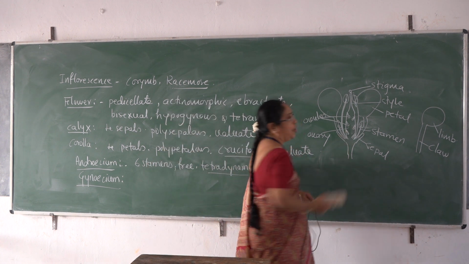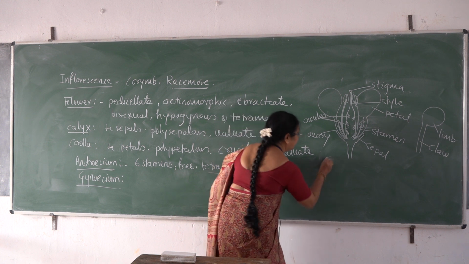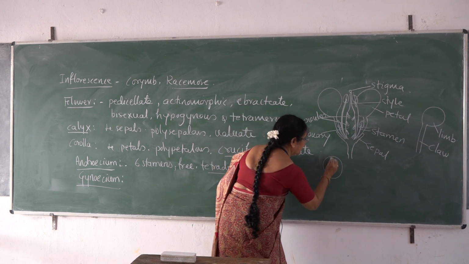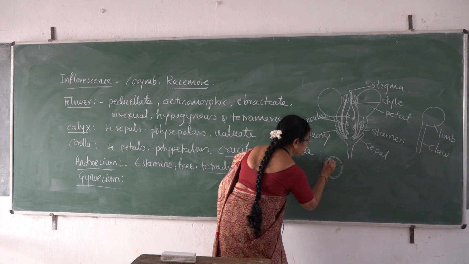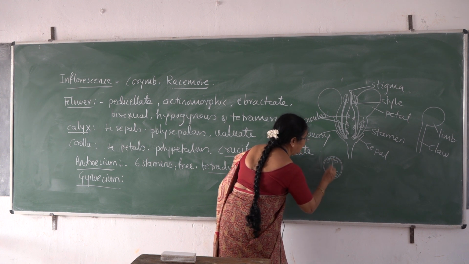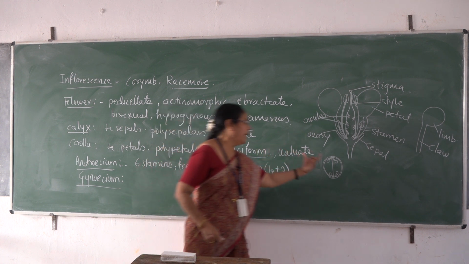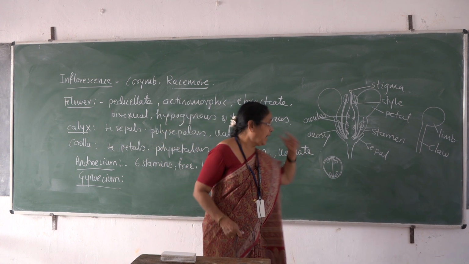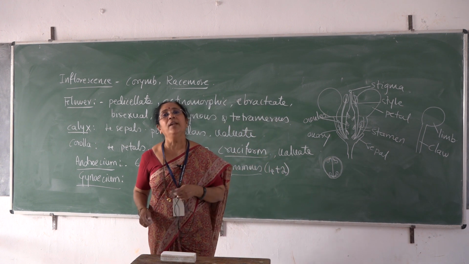This is in LS how the gynoecium looks like. And if you take a transverse section of the ovary, you can make out the number of carpels and locules here. So this is the TS of ovary, transverse section of the ovary. Now this is bicarpellary, 2 carpels, syncarpous, unilocular.